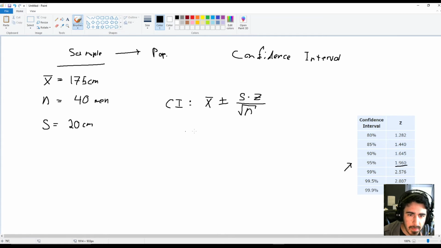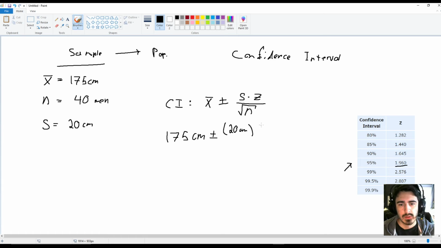So in this example, we are going to be dealing with an average of 175 centimeters. So here we'll say that our confidence interval is 175 centimeters plus or minus our standard deviation of 20 centimeters times 1.96, because we want to be 95% confident that the population average falls within this interval.